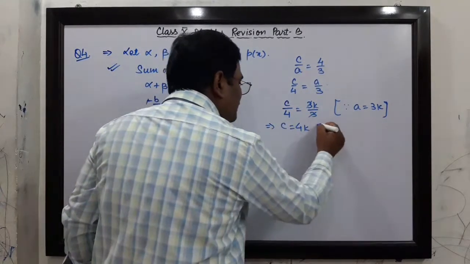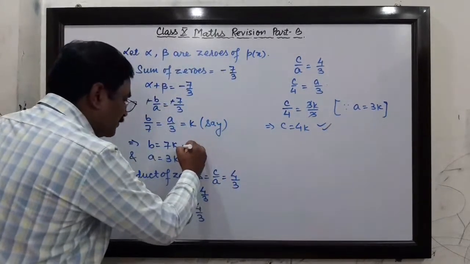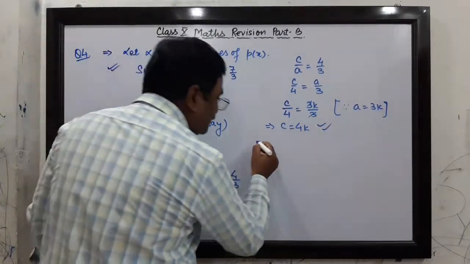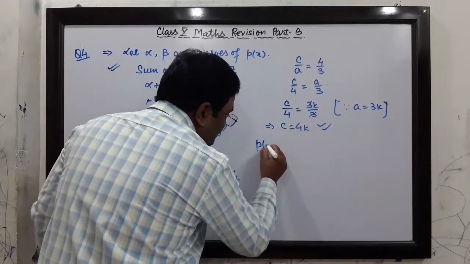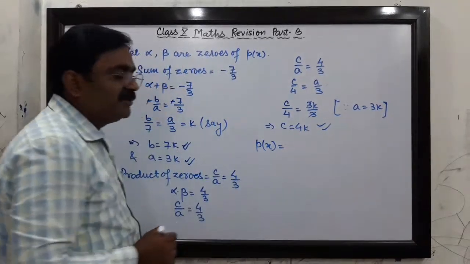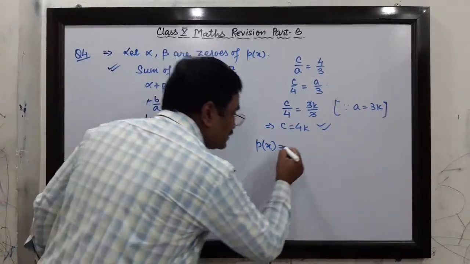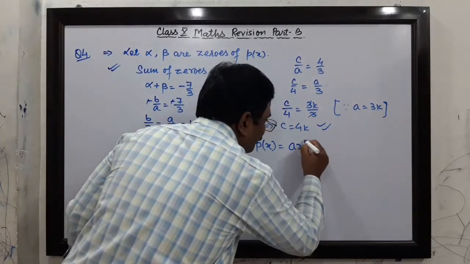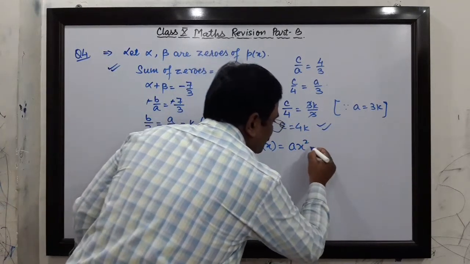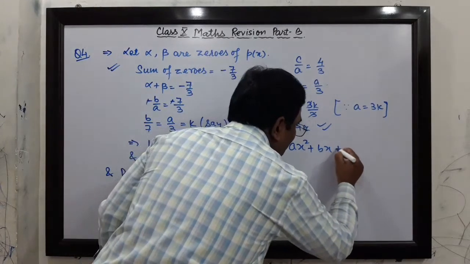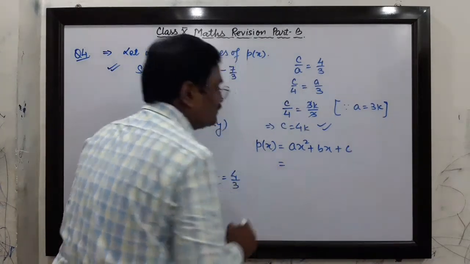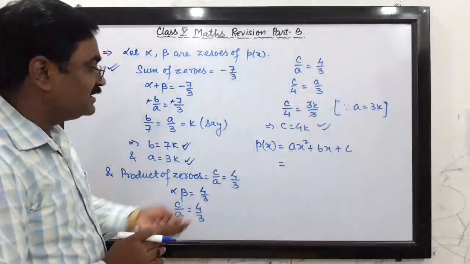So after getting these three values, c, b and a, the standard form of quadratic polynomial is ax square plus bx plus c. Now substitute the values of a, b and c here.